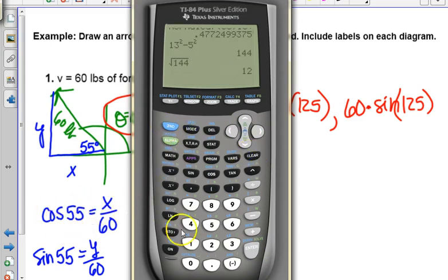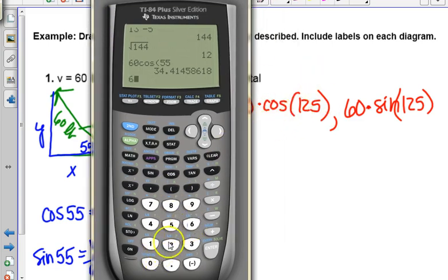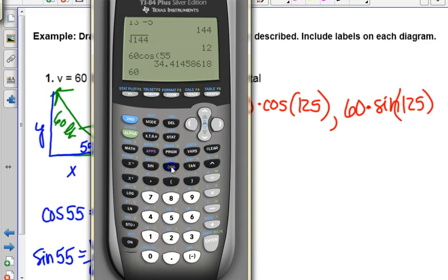Okay, so on this blue over here, if I did 60 cosine 55, I would get 34.4. If I do the red for the same thing and do 60 cosine 125, I get negative 34.4. Same component, but this one is telling me it's pulling to the left. Okay, you can do it either way, but if you use the angle off the positive x-axis, it'll take care of the sign for you.